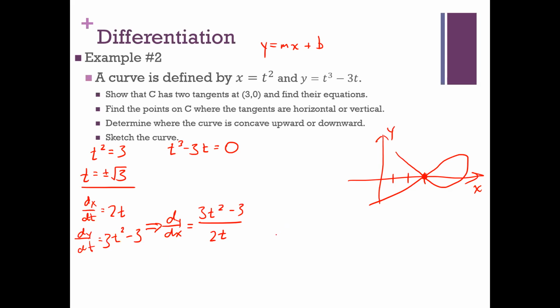So if I find one of them, dy/dx at, pick a t value, t equals radical 3, is equal to 3 times 3 minus 3 over 2 radical 3. So 6 over 2 radical 3.